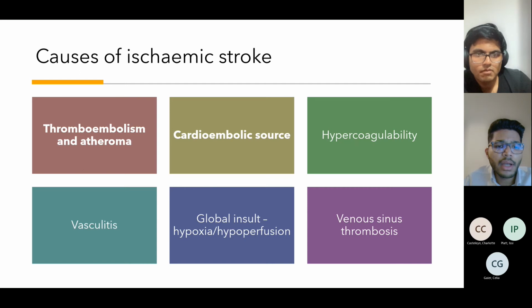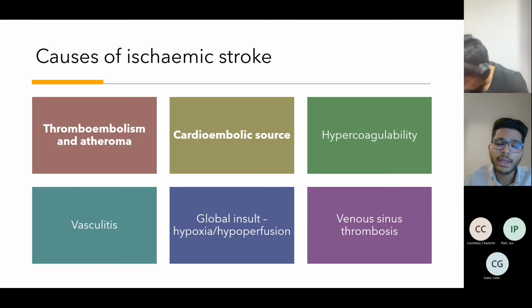You can also have, if you've got valve disease and you get clots forming on the valves or on the walls of the heart, so that's called a mural thrombus, then that can come off and go into the brain as well. And then you've got these weirder causes that are important to have in the back of your mind, because when somebody comes in with a stroke, it's not just about how am I going to manage them, how am I going to save their brain now.